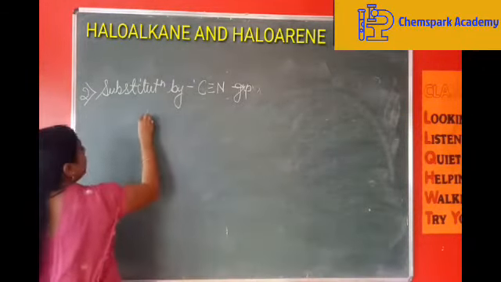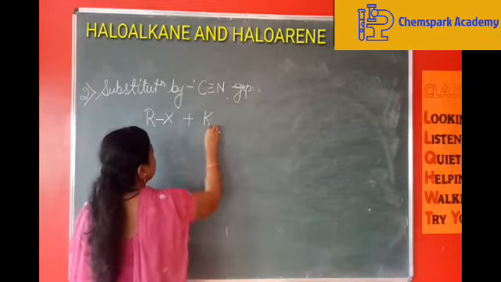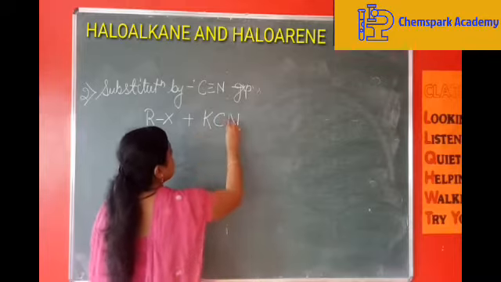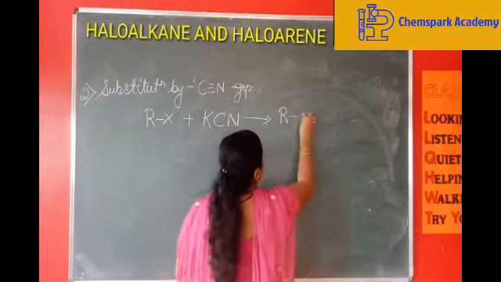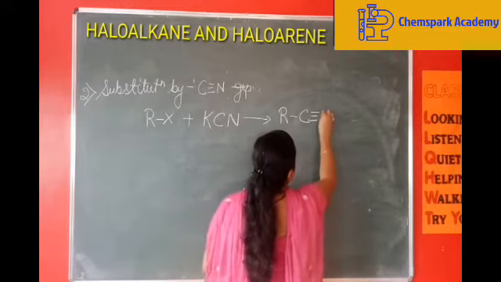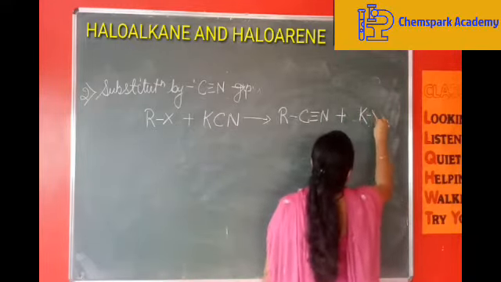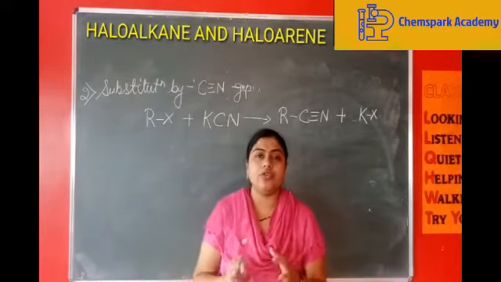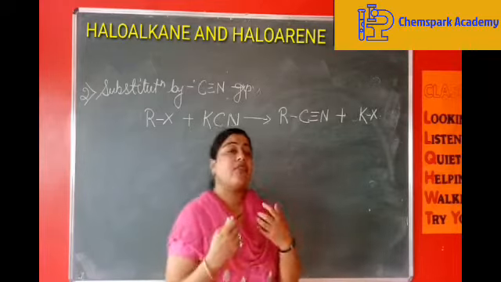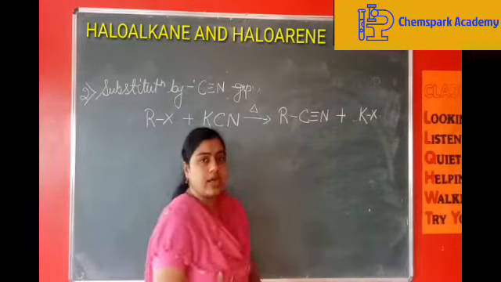When we react alkyl halides with, suppose, potassium cyanide, we obtain alkyl cyanides plus KX. Here we can take any kind of alkyl group and we have to heat this, so it will again be an endothermic reaction.